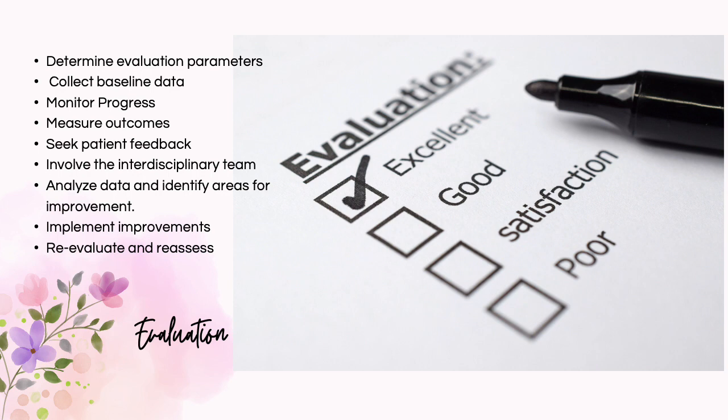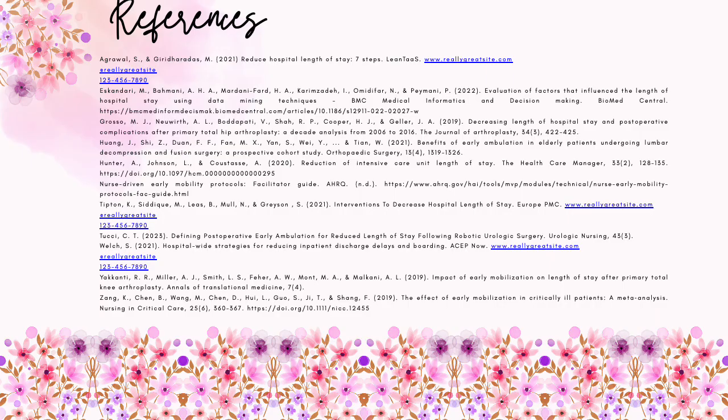You want to go ahead and analyze data and identify areas of improvement, implement those improvements, and then reevaluate and reassess. So by following these steps, nursing professionals can effectively evaluate a mobility or early ambulating program post-op, ensuring that it is tailored to each patient's needs. It promotes optimal recovery and contributes to improved mobility and functional outcomes.